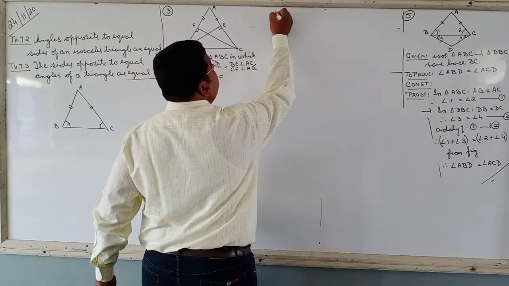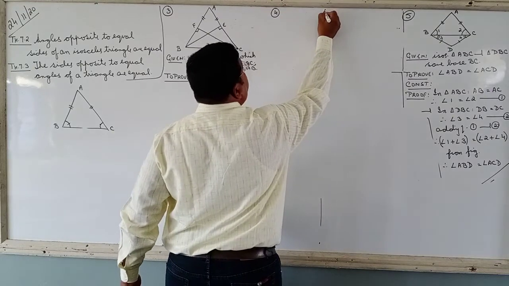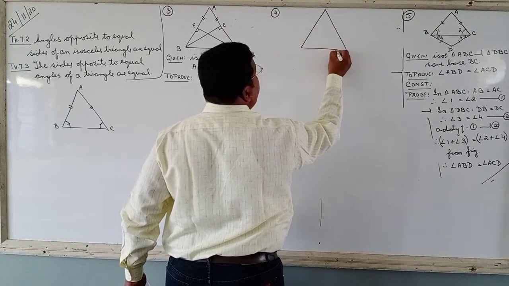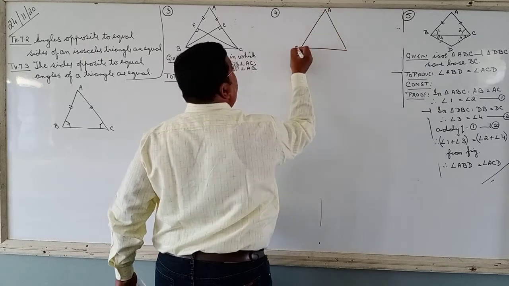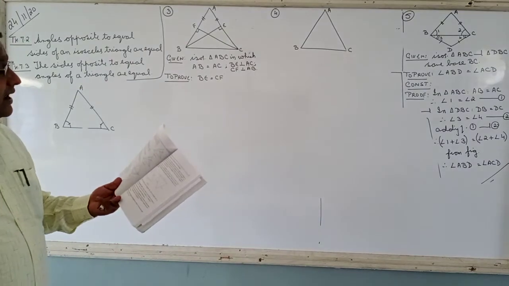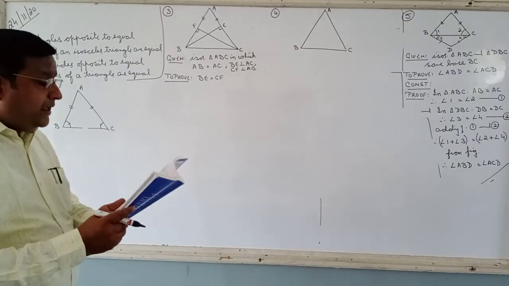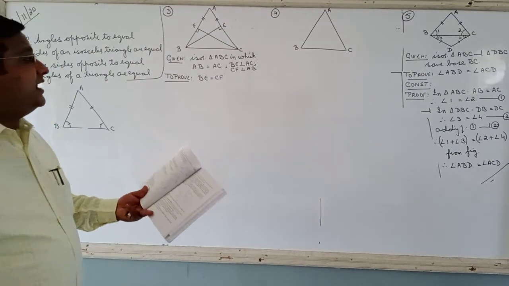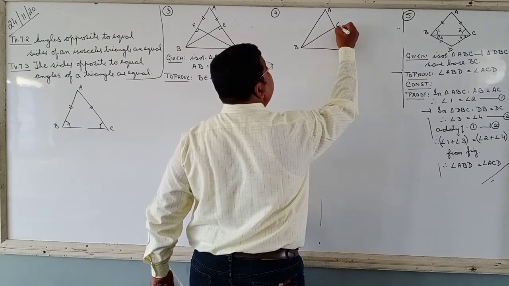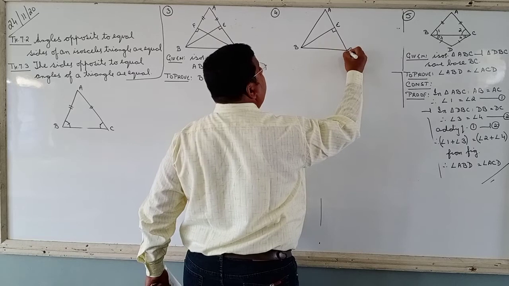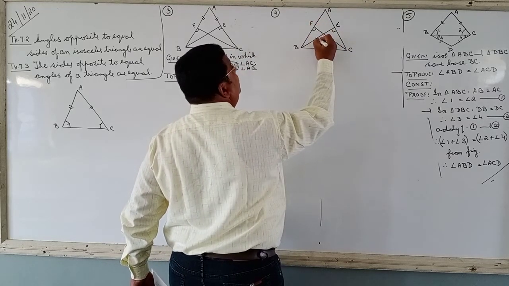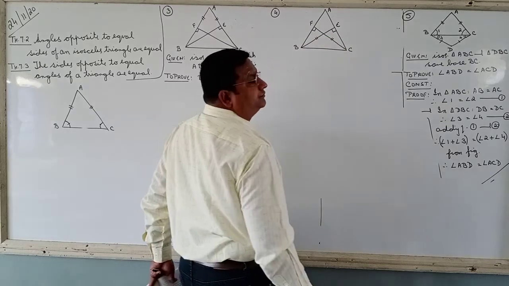Whereas in question number 4, if you observe, read it carefully, the figure is the same. A, B, C. He says ABC is a triangle in which altitudes BE and CF, on sides AC and AB, are equal. This is BE perpendicular, this is CF perpendicular, they are equal.